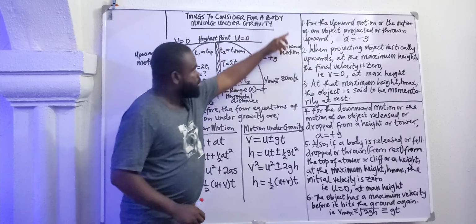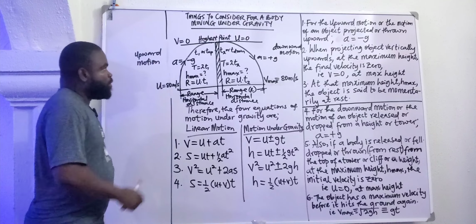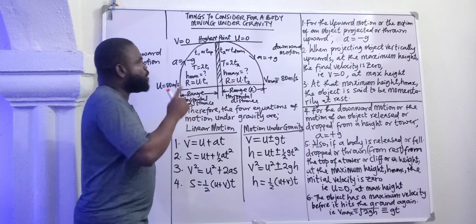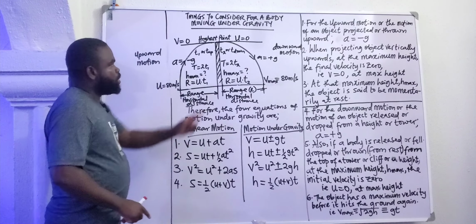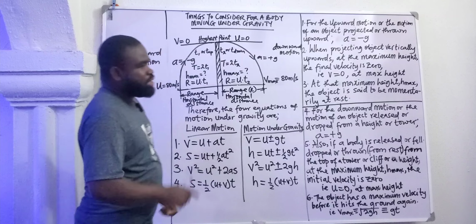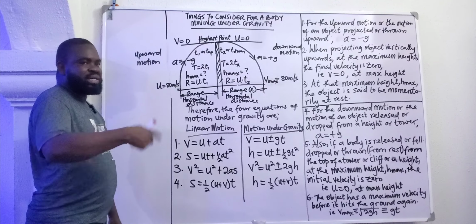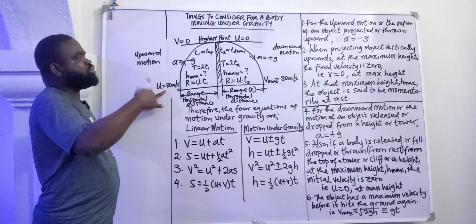So these are the points you see for the upward motion. Let me recap. For the upward motion, or the motion of an object projected or thrown upward, the acceleration a is minus g. I said the body is retarding or decelerating, so the velocity of that body is reducing.